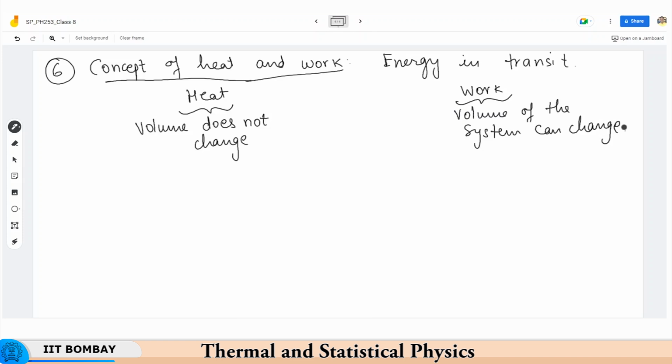Okay, another way to think about it is, if there are any mechanical components involved in the system, for example inside our engines, right? So there is a piston. When you heat up your engine, heat up the cylinder, the piston moves out, and that motion of the piston can be associated with some kind of work done because there are mechanical components which are moving from one point to the other.